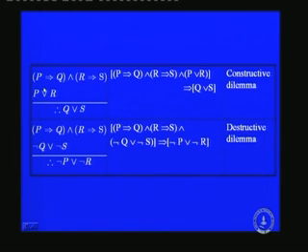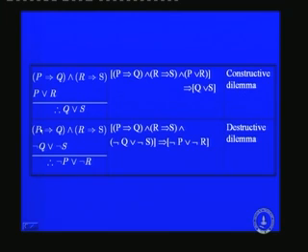And if you have P implies Q and R implies S, and if you also have P or R, you can conclude Q or S. In the tautological form, this is read as P implies Q and R implies S, and P or R, this will imply Q or S. This rule of inference is called constructive dilemma.